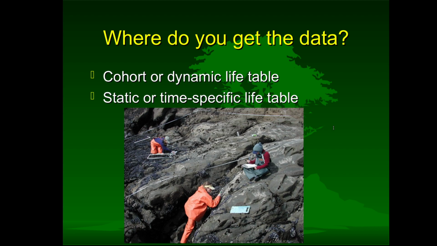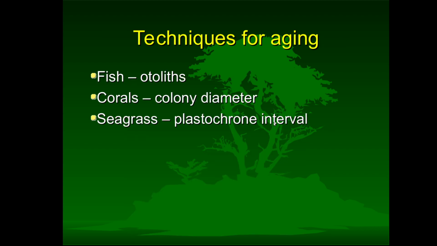This can be done, for example, in many animals that produce annual growth lines in their hard parts. In fish, for example, growth lines are often produced in their scales or their ear bones. In whales, lines in their teeth in odontocetes or ear bones in mysticetes can be used to estimate their age.